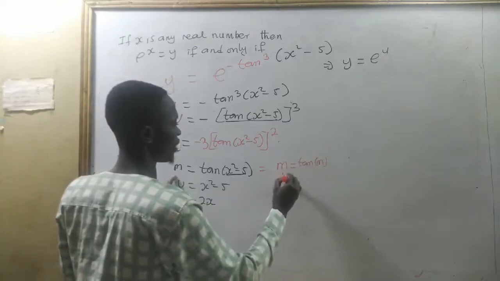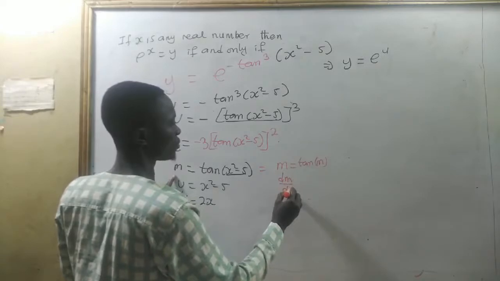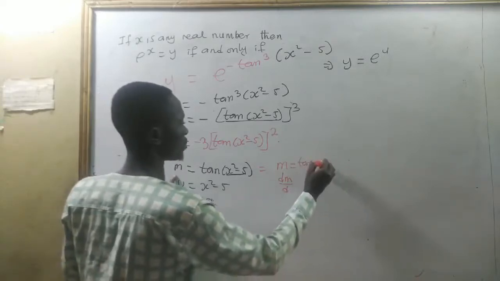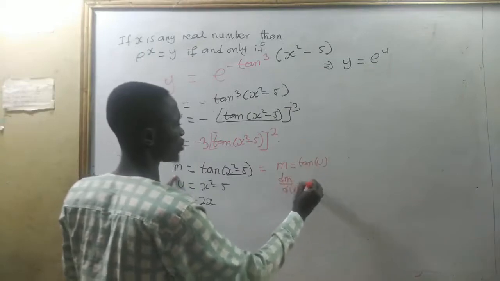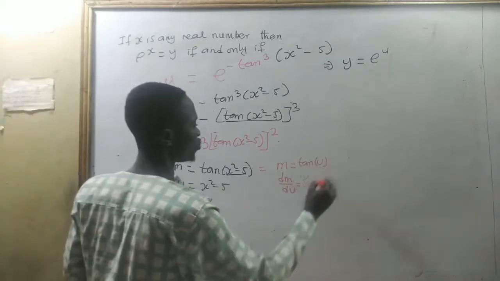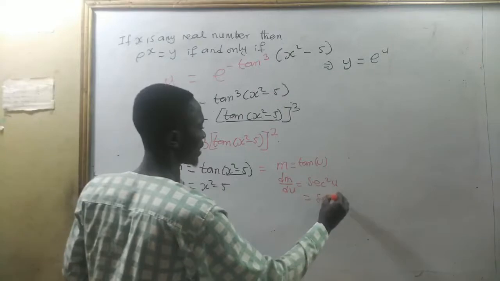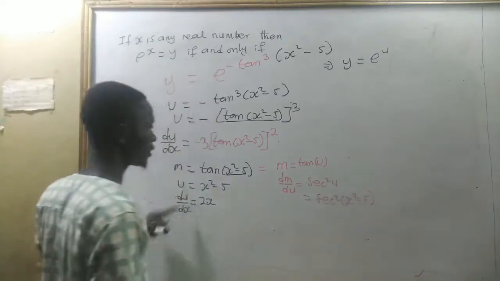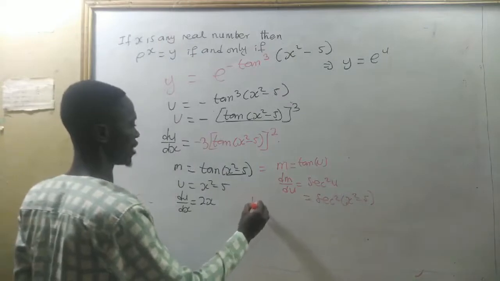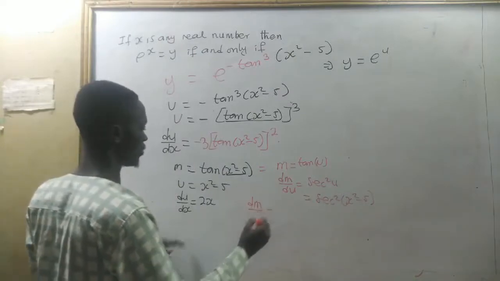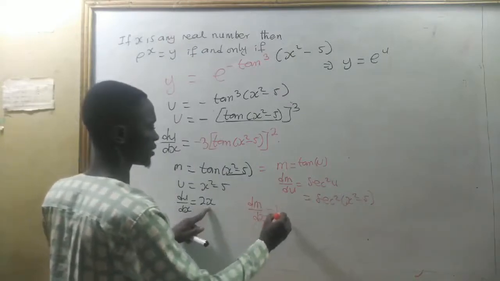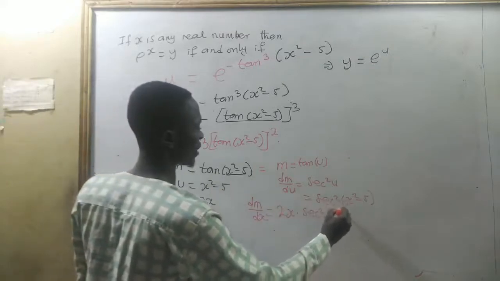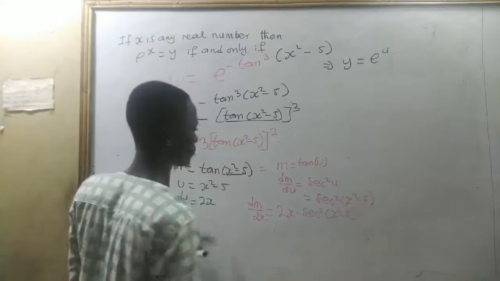And here the derivative of m with respect to u is equal to secant squared u. And that will give us secant squared x squared minus 5. So here, the derivative of m with respect to x will give us 2x times secant squared into bracket x squared minus 5.